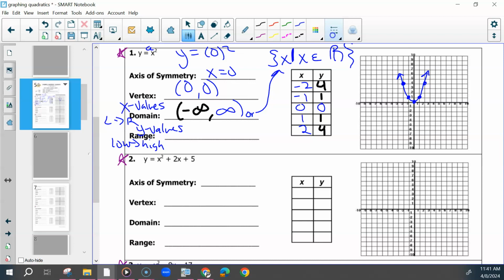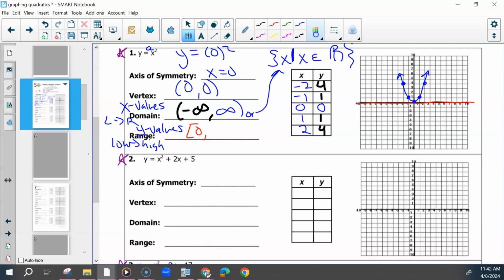Range is where it's different. So for your range, we're looking at the lowest value of the graph. What would that be? 0. If it helps you, you could draw in a line at your lowest point or highest point, or you could look at the y value of your vertex, because that will always be somewhere in your range. So it starts at 0. This is a closed circle, so it's going to be a square bracket, going back to interval notation.